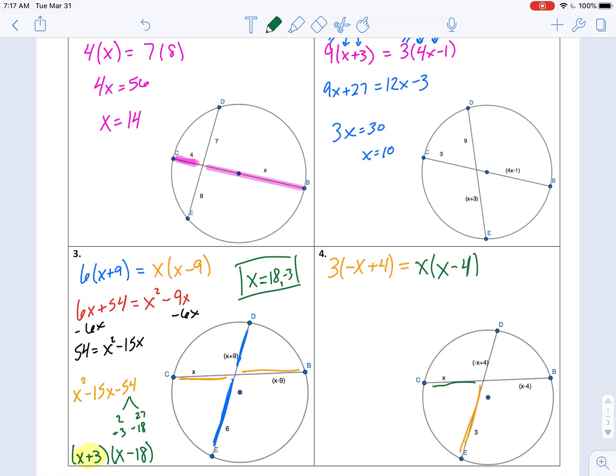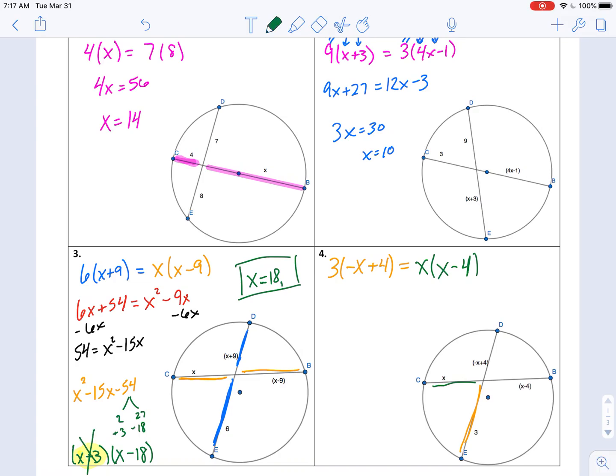And x equals negative 3, because negative 3 plus 3 equals 0. But let's think about the context of this problem. Can I have a segment length here of negative 3?